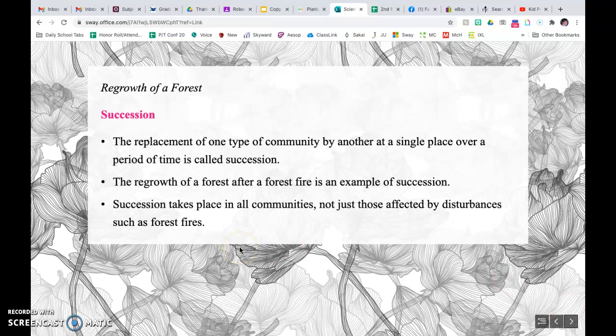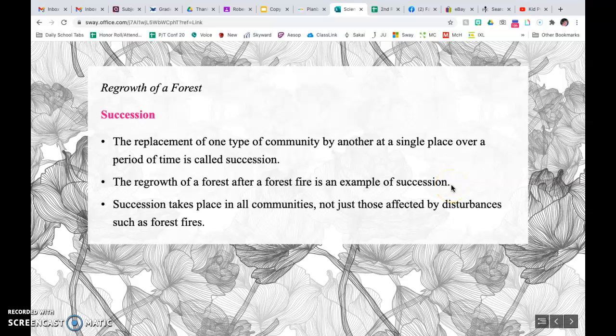All right, so succession. Let's talk about the regrowth of a forest. Succession is the replacement of one type of community by another at a single place over a period of time. So the regrowth of a forest after a forest fire is an example of succession.